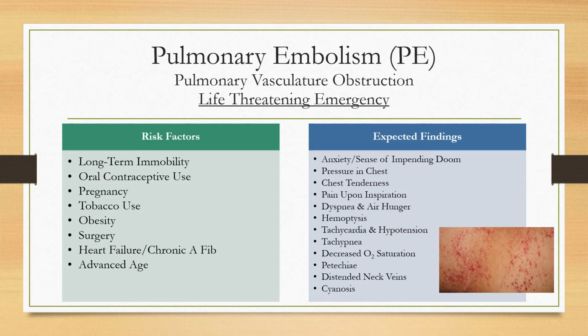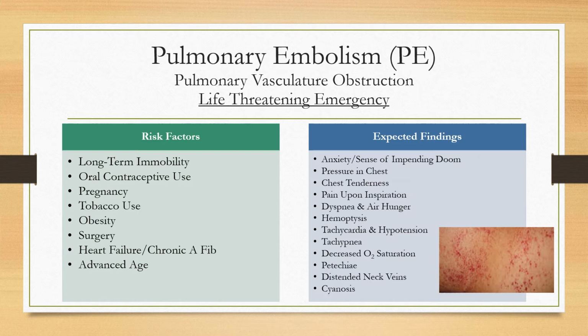Tachycardia, okay? There's blockage of blood flow to the left side of the heart. So the heart says, I have decreased cardiac output. I better beat faster. Okay, so tachycardia, hypotension can happen because of less blood going to the left side of the heart. Tachypnea is just breathing fast.